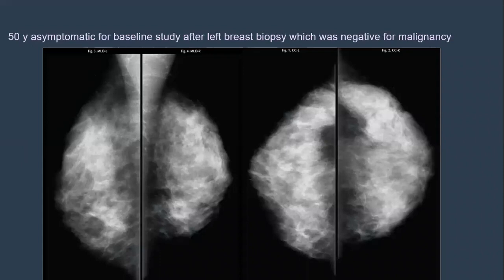A 50-year-old asymptomatic woman for a baseline study after a left breast biopsy, which was negative for malignancy. Can you see any abnormality in this mammography? Who's going to take it?